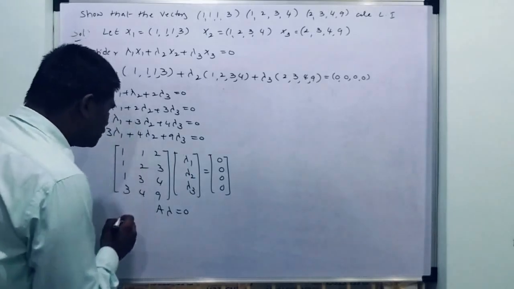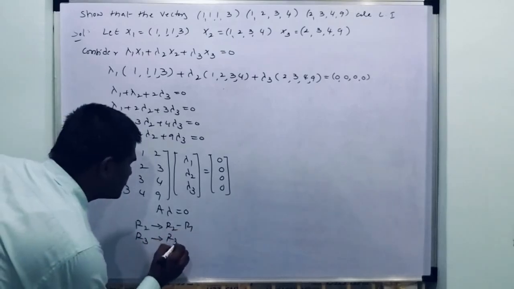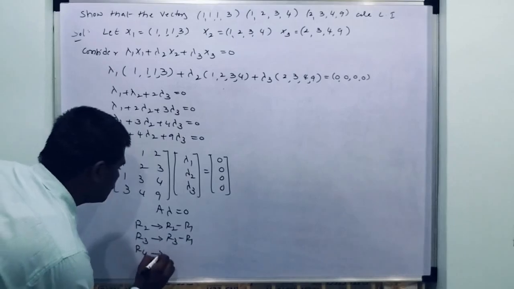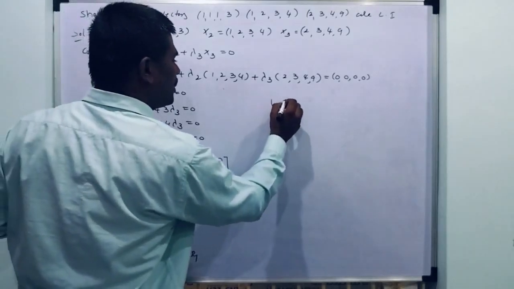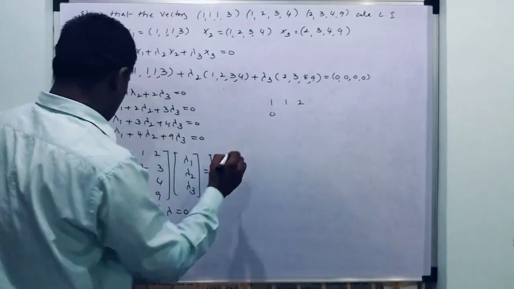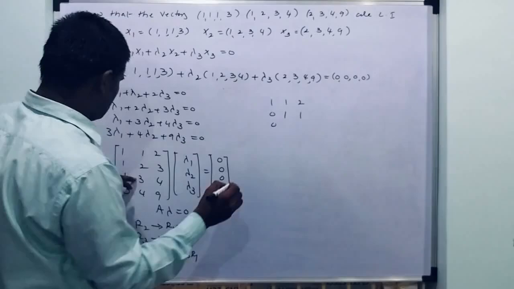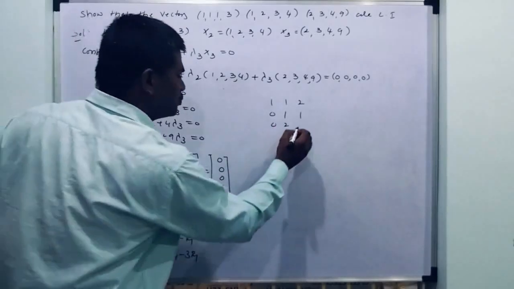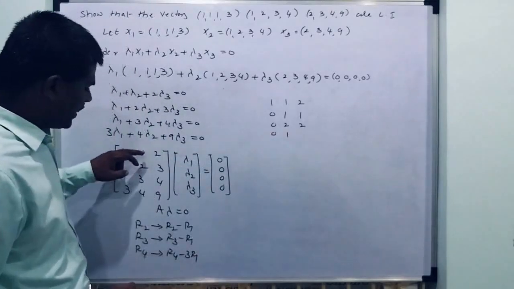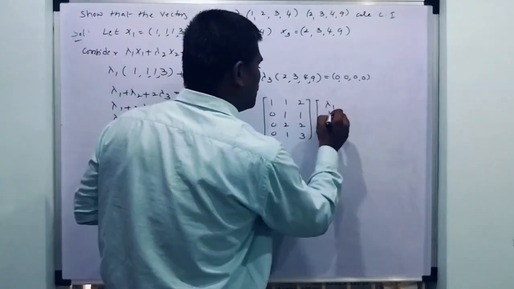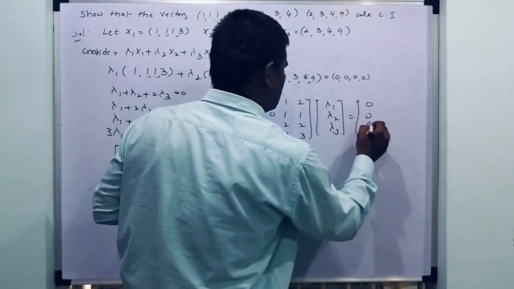So R2 becomes R2 minus R1, R3 becomes R3 minus R1, R4 becomes R4 minus 3R1. If you do so, no change in the first row: 1, 1, 2. Then 1 minus 1 is 0, 2 minus 1 is 1, 3 minus 2 is 1. 1 minus 1 is 0, 3 minus 1 is 2, 4 minus 2 is 2. 3 minus 3 is 0, 4 minus 3 is 1, 9 minus 6 is 3.